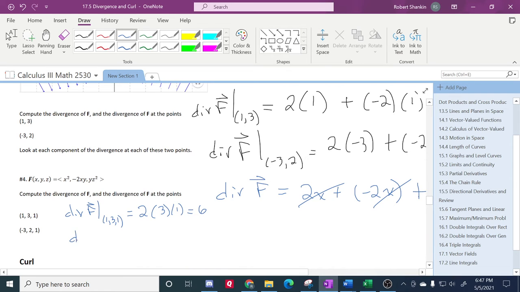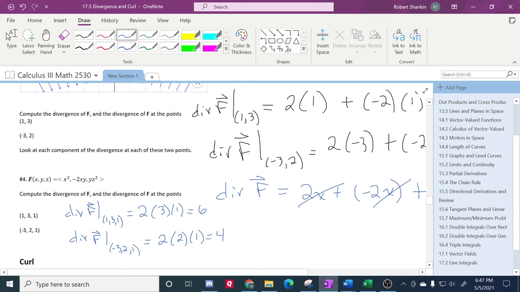And the divergence of f calculated at negative 3, 2, 1: the x coordinate doesn't make a difference. It's just 2 times the y times the z, and it gives you this.